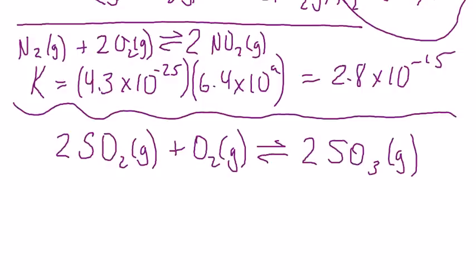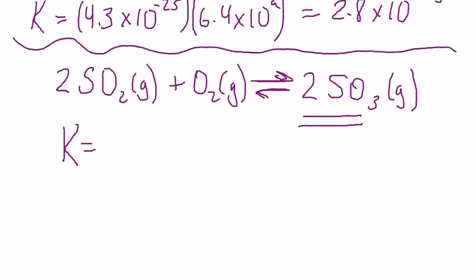To some degree, because this is an equilibrium, we could have written this reaction the other way. We could have written it with the SO3 as the reactant and the SO2 and the O2 as products. How does that affect our value of K? Let's think about this.